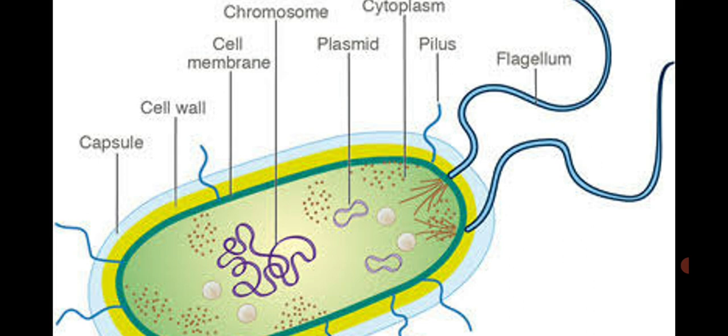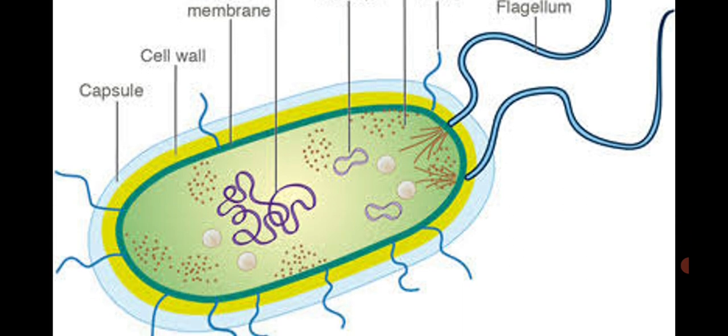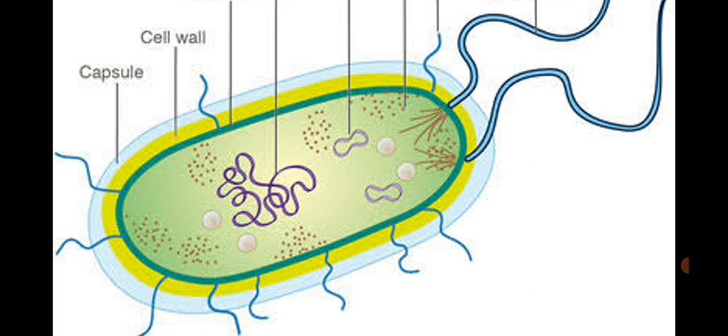The structure which we are seeing is only one cell, which does all the metabolic activities. At the center, a small spring-like structure in violet color is the nuclear material, which is not bounded by a membrane. So this is the prokaryotic cell.